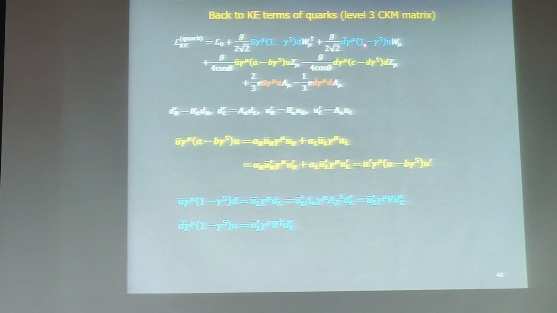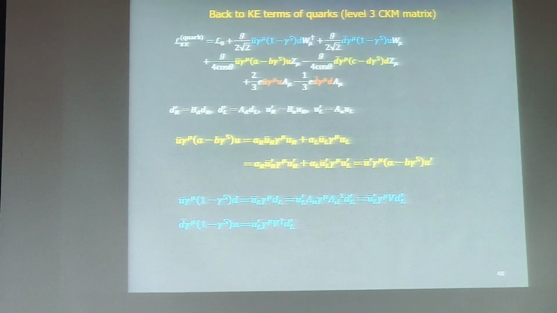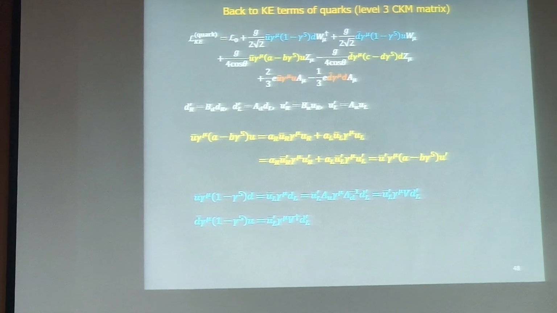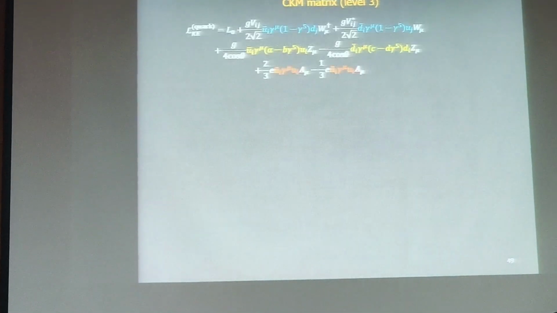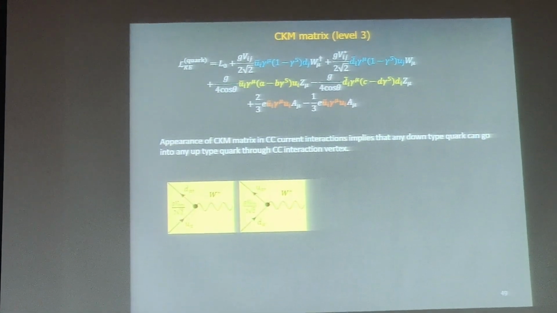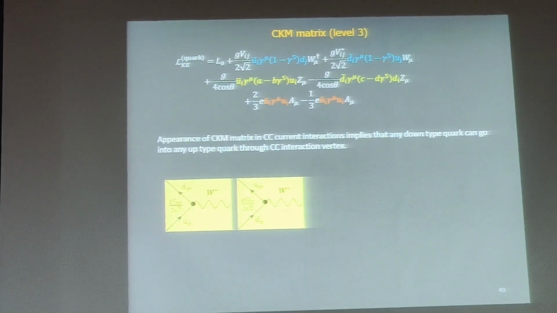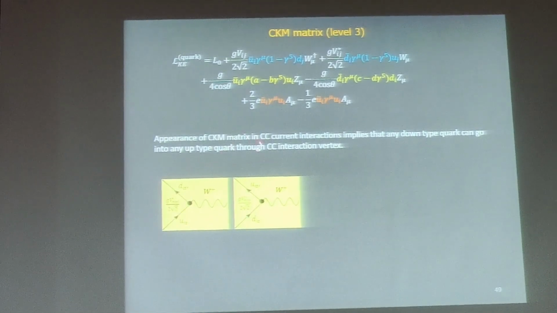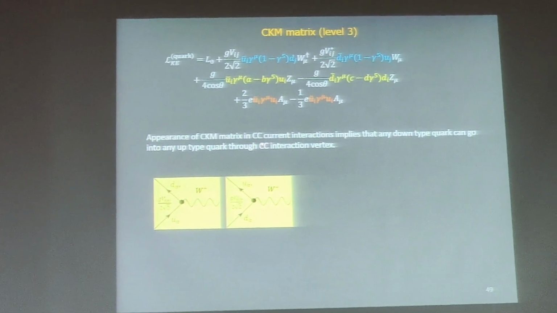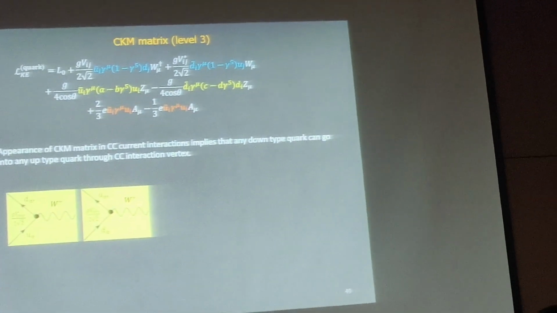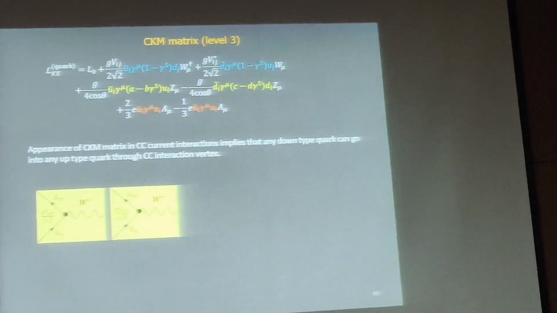But in these two interactions in which the charge is changed, there will be a leftover matrix. This leftover matrix is called the CKM matrix, and it implies that any down-type quark can convert into any up-type quark. So the appearance of the CKM matrix in the CC, charge changing current, interaction implies that any down-type quark can go into any up-type quark.